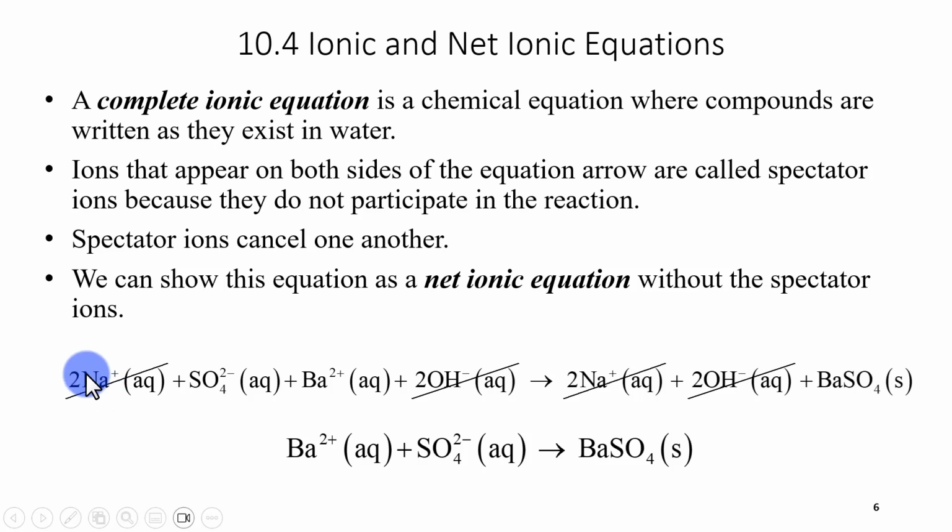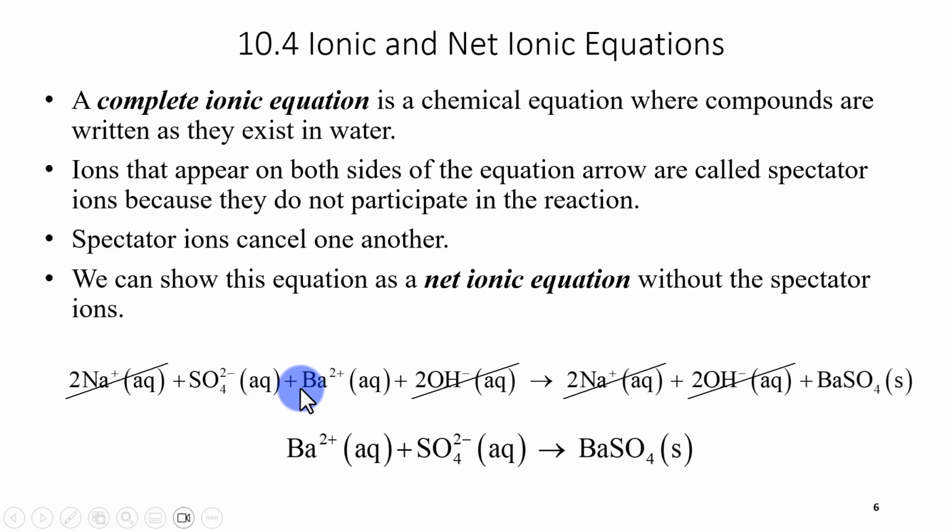Do not be tempted to write Na+2 because you have a 2 as a subscript in Na2SO4. Sodium ion will always be +1, but that 2 as a subscript comes in front as a coefficient of the ion. So I have 2 Na+ plus SO4 2- aqueous.